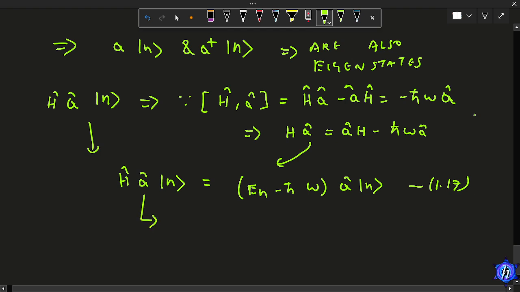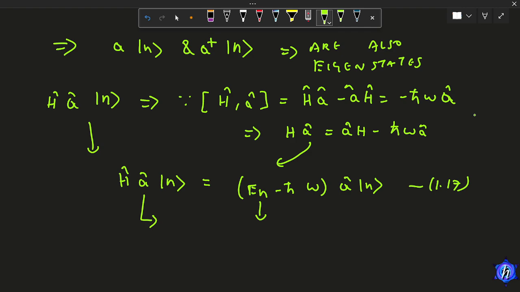The annihilation operator seems to annihilate a quantum of energy of an amount ħω from the state. This can be seen clearly. This is the eigenvalue, so what this annihilation operator acting on this eigenstate is doing is that it reduces the energy.